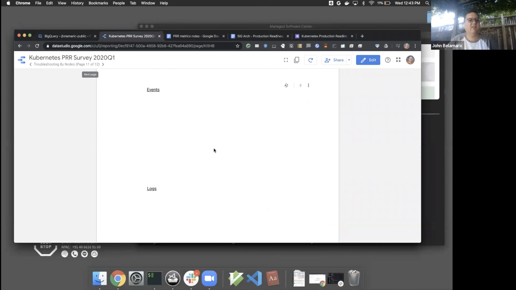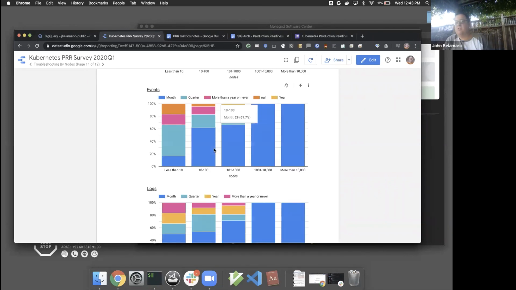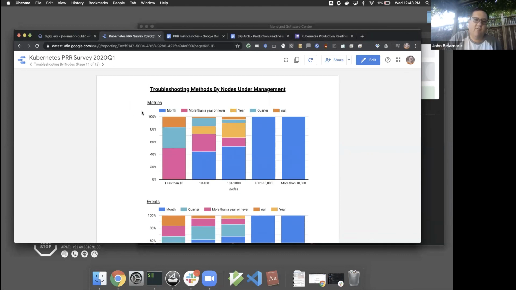Okay, so this is troubleshooting broken down by the number of nodes under management. Basically, the way this question was asked, go to the top: have you used Prometheus metrics in the last month, quarter, year, more than a year, or never? And then some people didn't answer, which is where the null comes from.